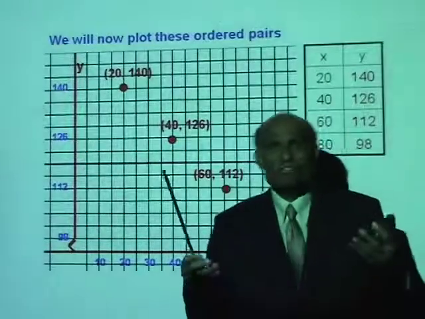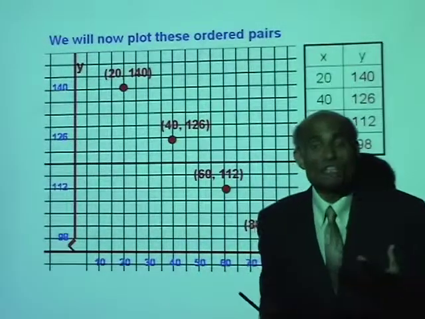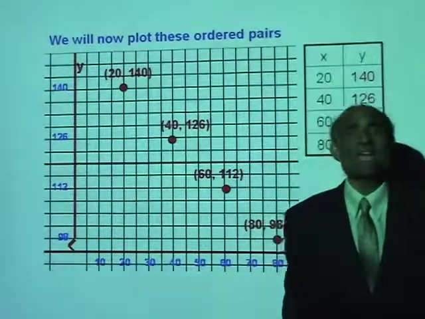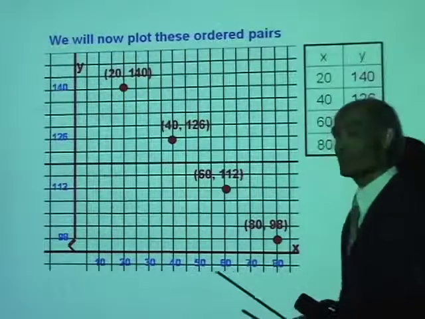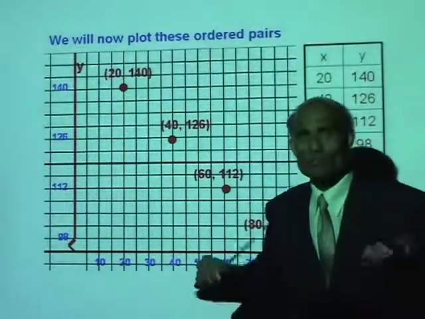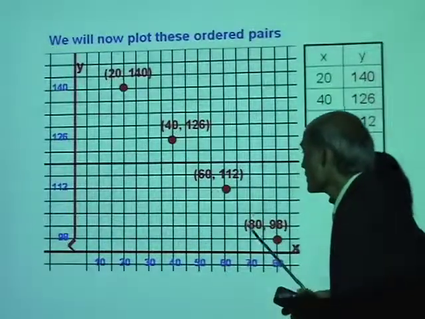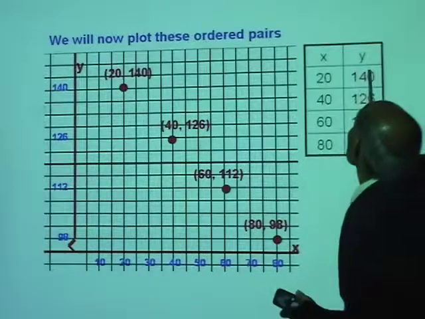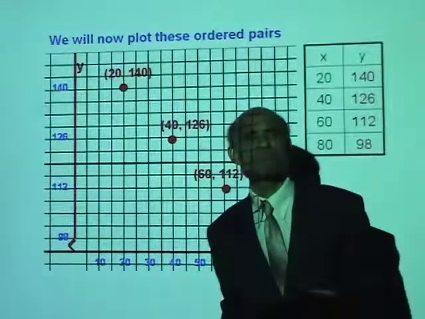Tell me, what does this picture tell you about the heart rate as related to the age? You can see as you age, the minimum number of heartbeats for you to remain healthy keep decreasing. See? But these numbers are actually not very good. I just wrote down a relationship.